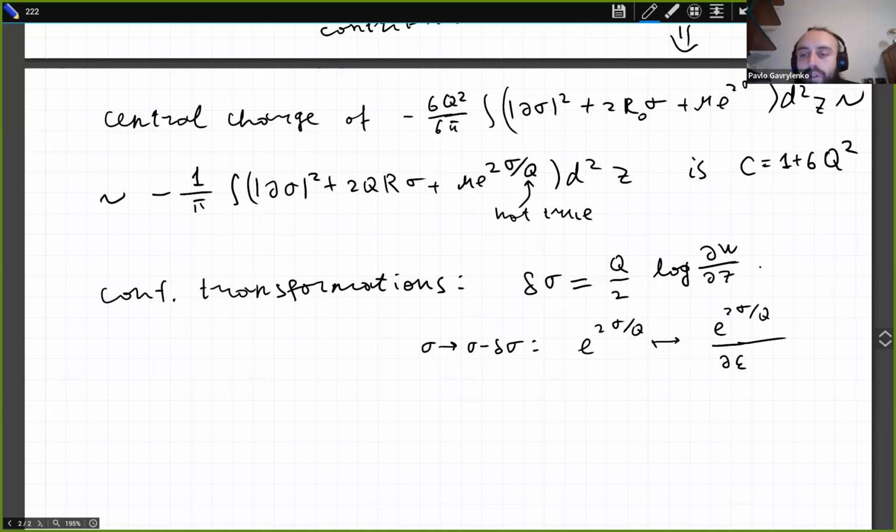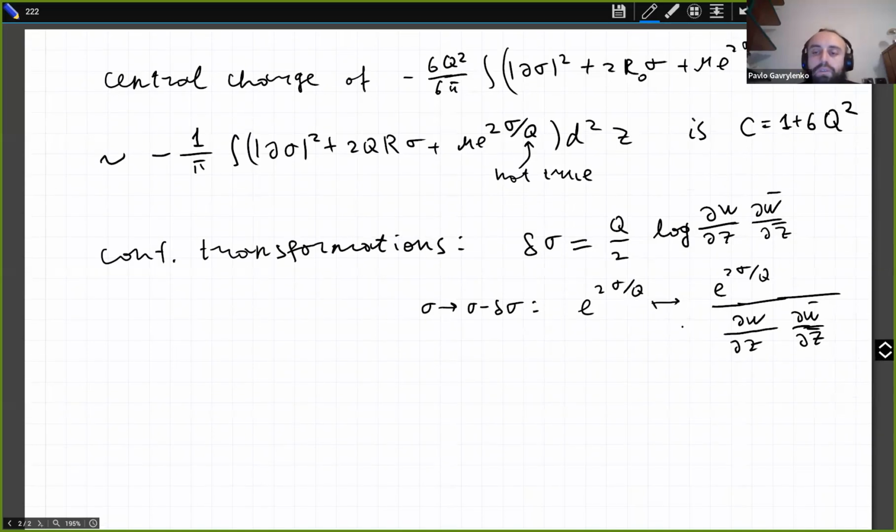So it transforms. It is divided by dw over dz, dw bar over dz bar, which means that the classical dimension of this exponential is equal to 1, 1.